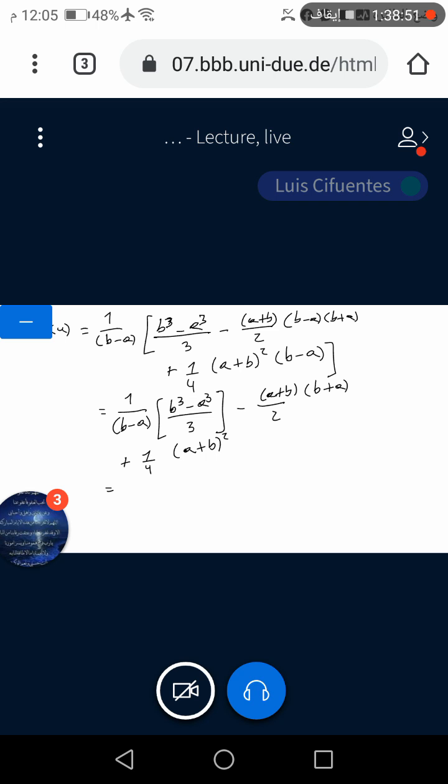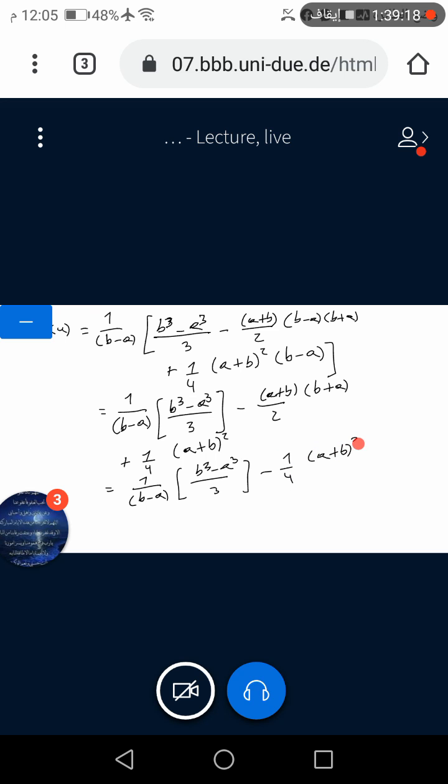It's just the same with this one here. So this summation here. Let's continue with this guy here. This is just a cubic formula here.